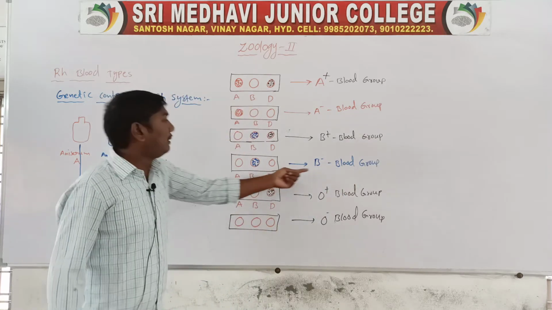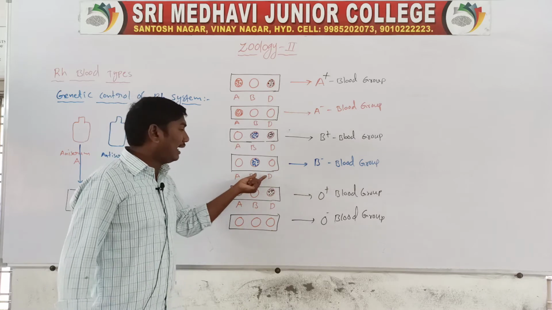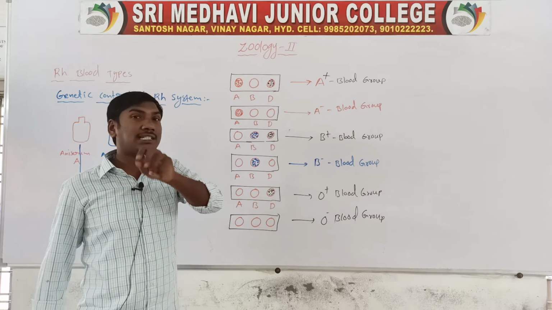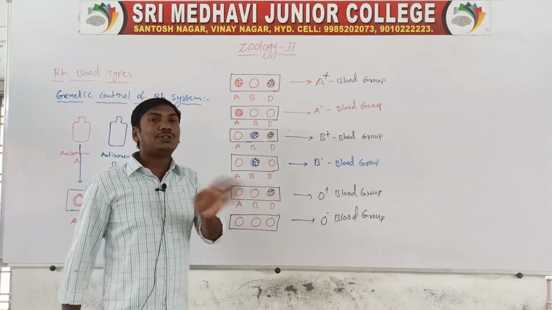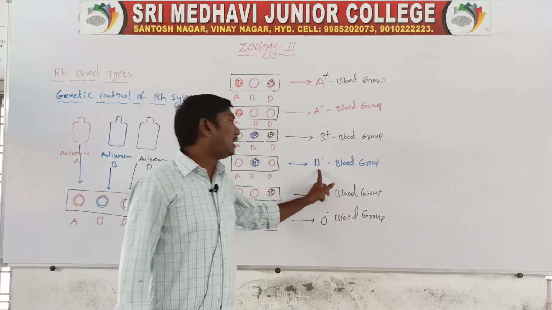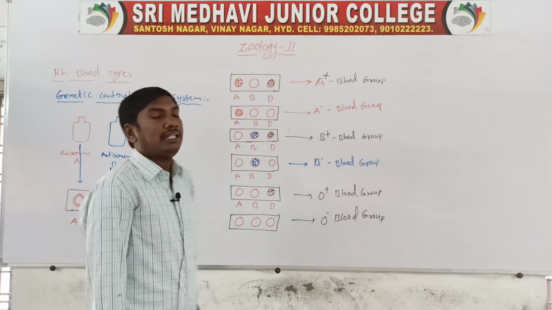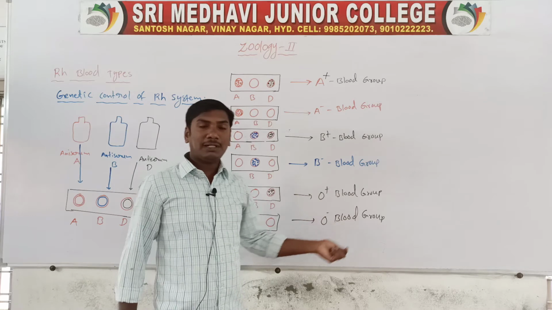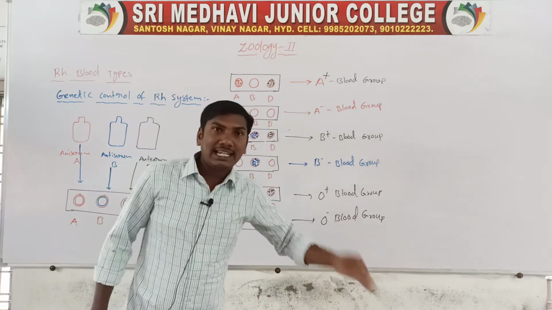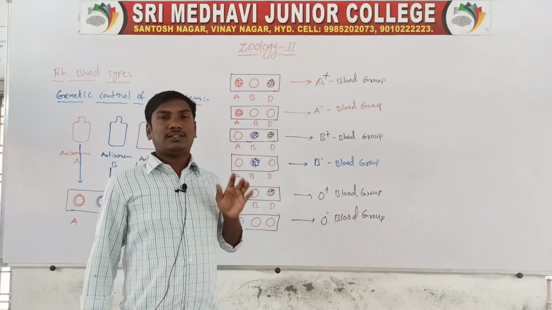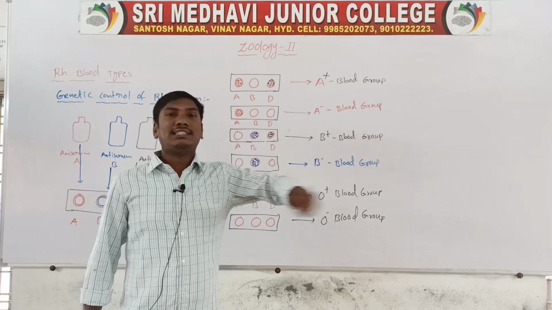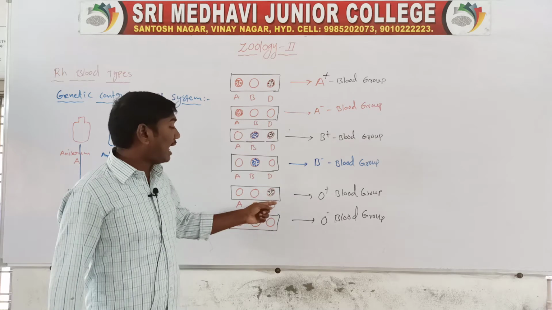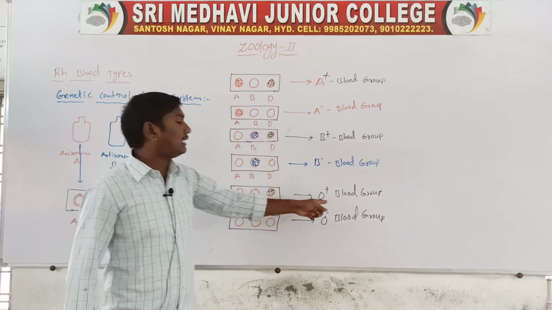Next, B negative blood group persons: only antigen B is present on the RBC, but there is no RH factor, so they are called B negative. Next, the O positive blood group: antigen A is absent, antigen B is absent, so that person's blood group is O, and the RH factor is present, so they are called O positive.